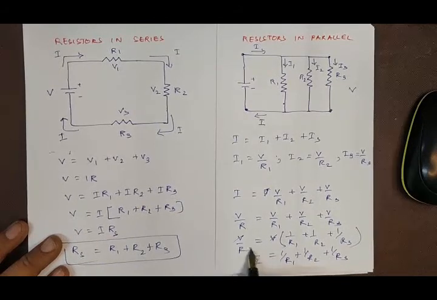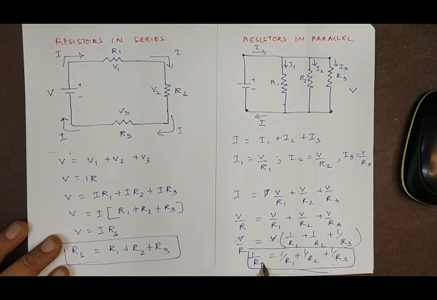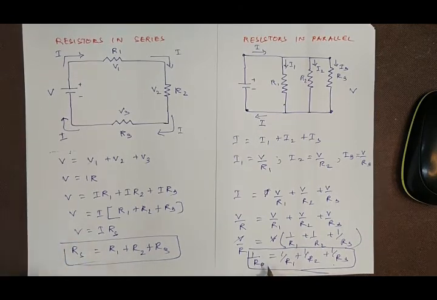So this is the parallel connection. So the reciprocal of net resistance is equal to the sum of 1 by R1 and 1 by R2 and 1 by R3. Got it?